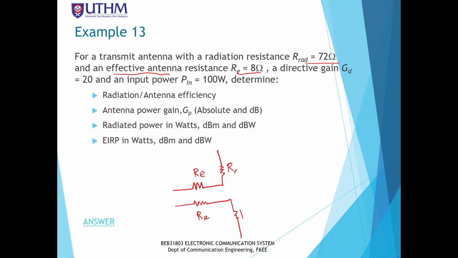And then the directivity gain GD is equal to 20. The input power P in is equal to 100 watt.